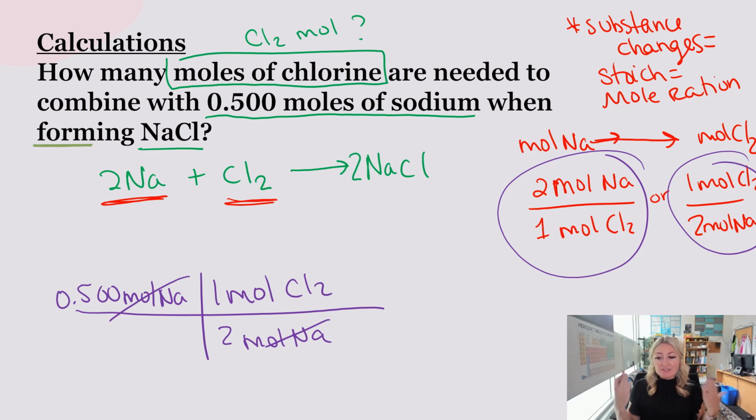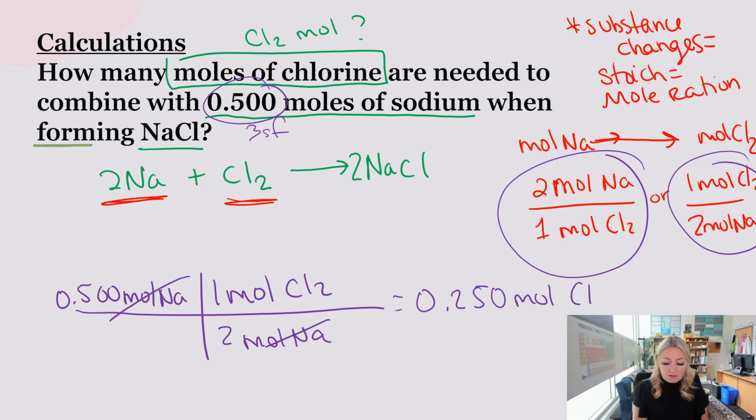And I know that these 2 things are in a 1:2 ratio to each other. Multiply across the top, divide by the bottom, and we'll be rounding to 3 sig figs because that's the number given. We don't use the ratios for significant figures. So we're going to go to 3 sig figs out of the calculator. 0.250 moles of chlorine is our answer.